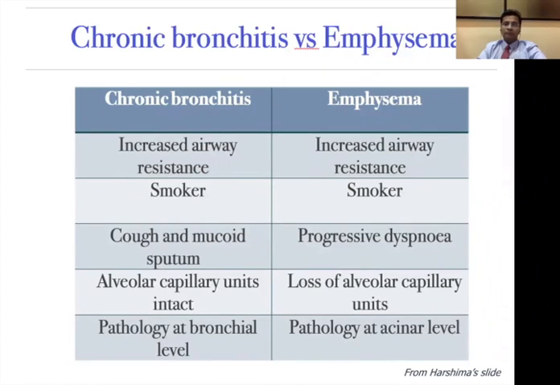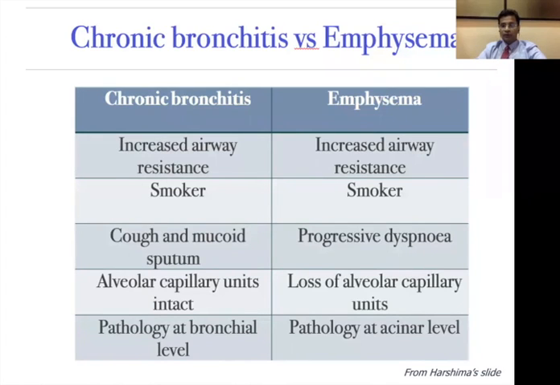Another important difference between these two is that the pathology is at the acinar level in emphysema, and because of that, there's a loss of alveolar capillary units and damage to diffusion across the alveolar capillary membrane.